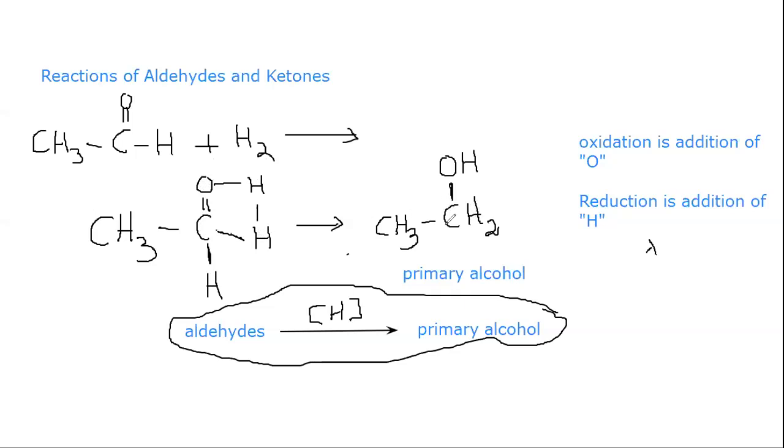Why is this a primary alcohol? Because the alpha carbon, which is this, is attached to only one other carbon. So this is a primary alcohol.